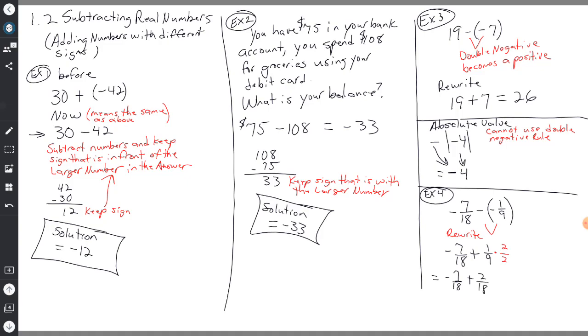So it becomes negative 7 over 18 plus 2 over 18. Keep in mind that this negative now gets associated with the top part of the fraction. So our result is what?